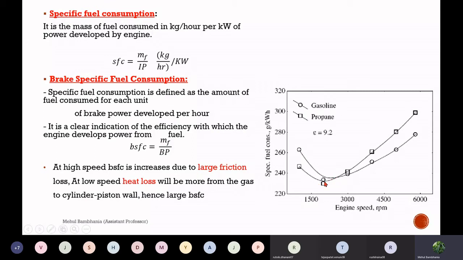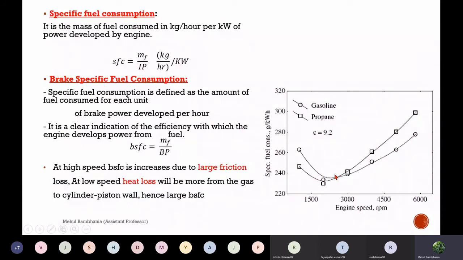So there is a particular vehicle speed at which your fuel economy will be maximum, or your specific fuel consumption will be least. And then when you run your vehicle at higher speed, with larger velocity, fuel economy will drop down. Your specific fuel consumption is continuously increasing.